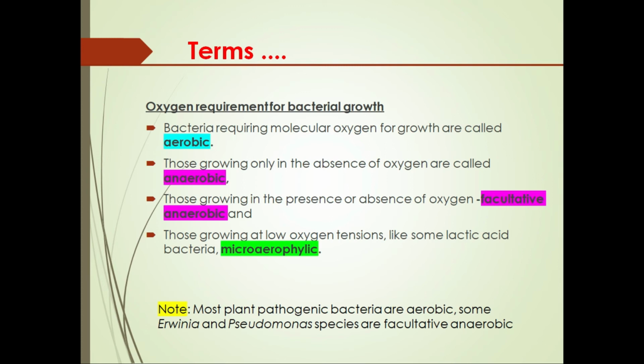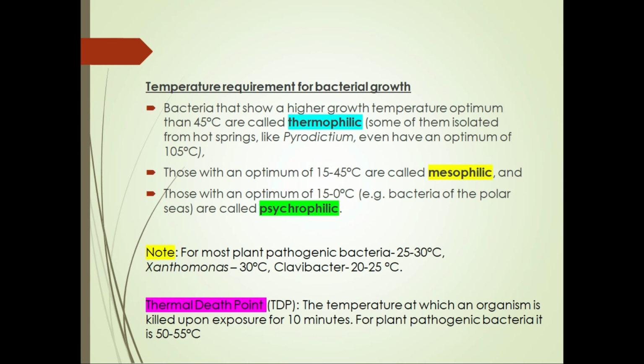We have another term related to oxygen requirement for bacterial growth: microaerophilic. That means these organisms require low oxygen concentration, like some lactic acid bacteria, which require low oxygen tensions. They are microaerophilic.